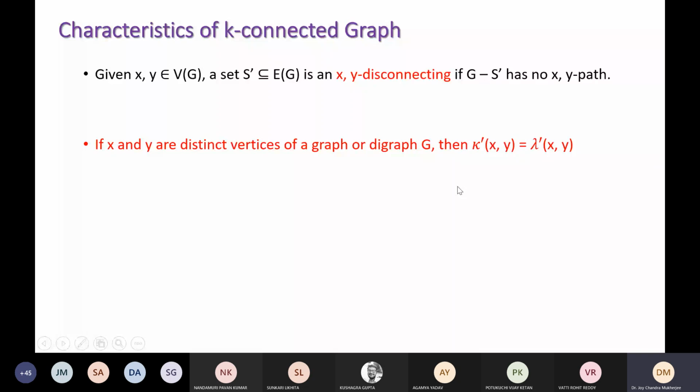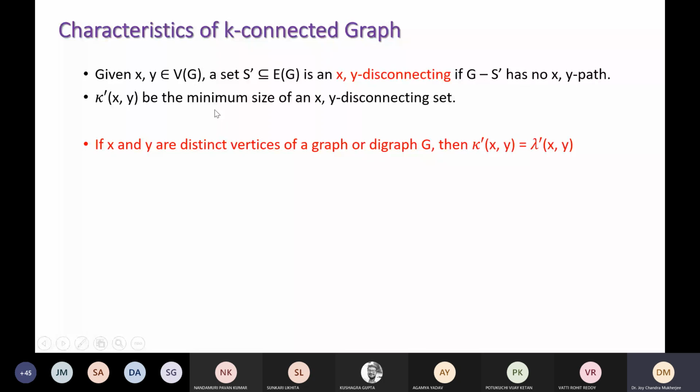Now what is chi prime xy? If x and y are two different vertices in the graph, then a subset of edges S prime is an xy disconnecting set if G minus S prime has no xy path. The size of the minimum set of edges, deletion of which disconnects x and y, is called chi prime xy.